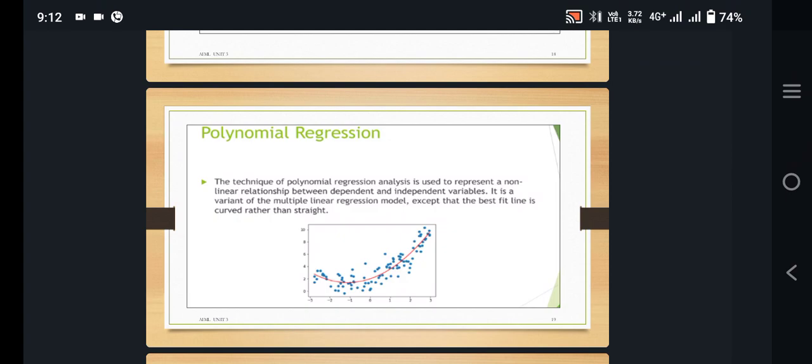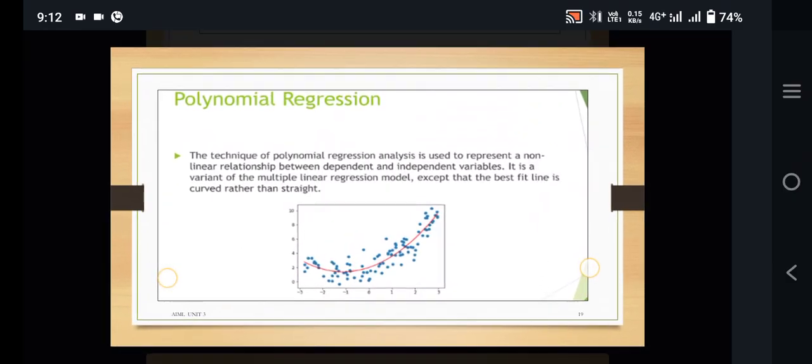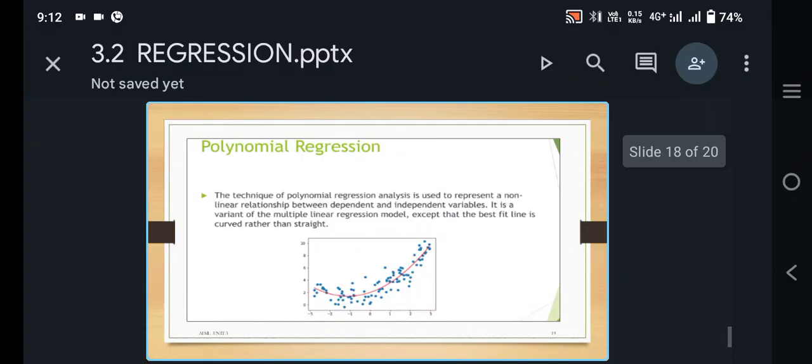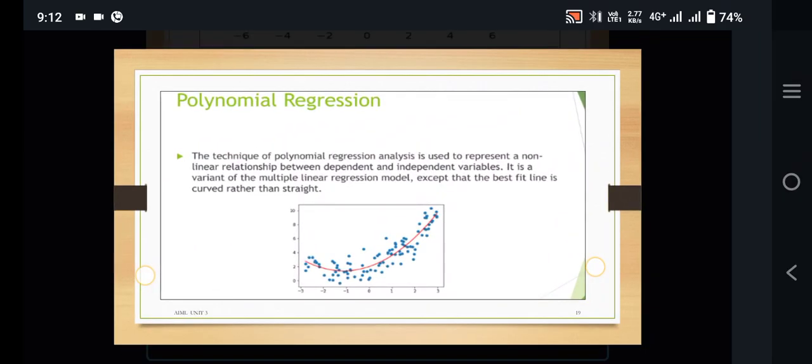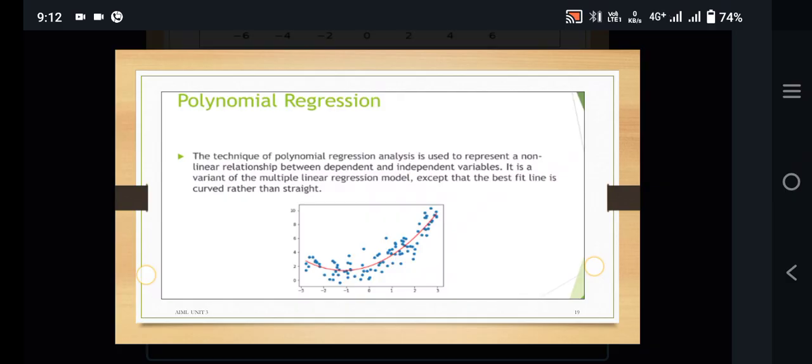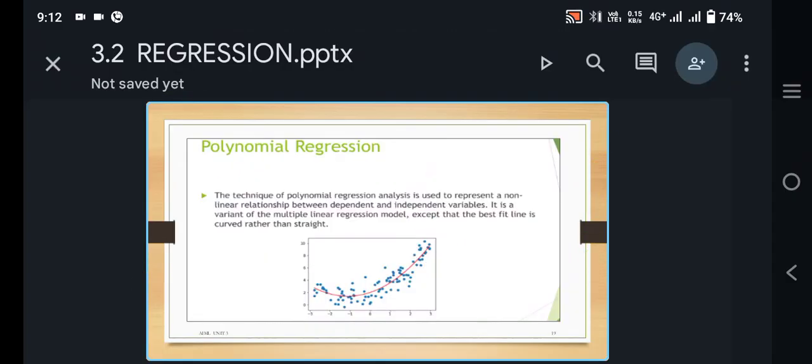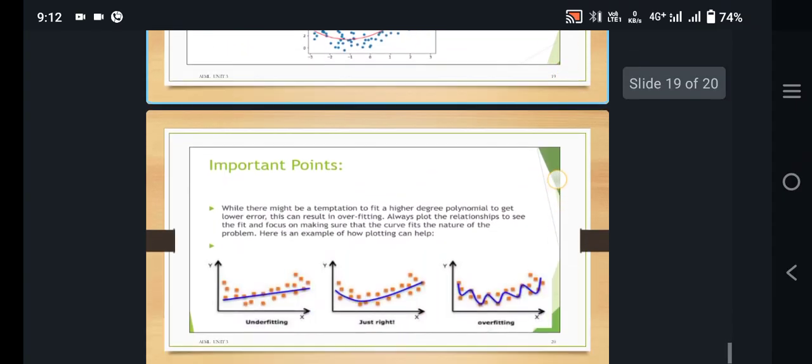Polynomial regression. The technique of polynomial regression analysis is used to represent a nonlinear relationship between dependent and independent variables. It is a variant of the multiple linear regression model except that the best fit line is curved rather than straight.